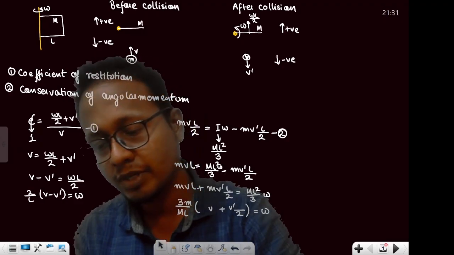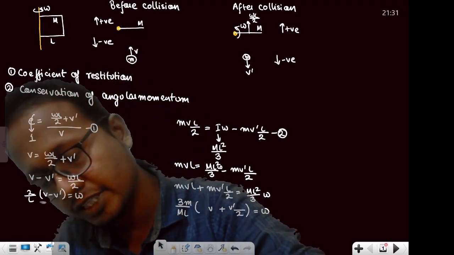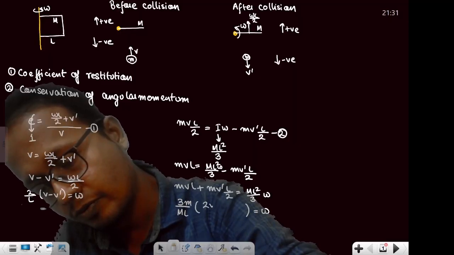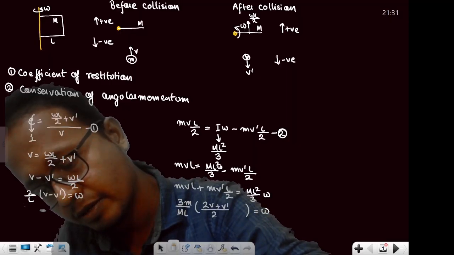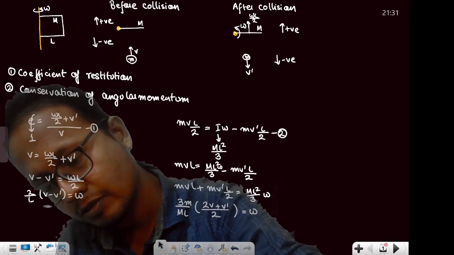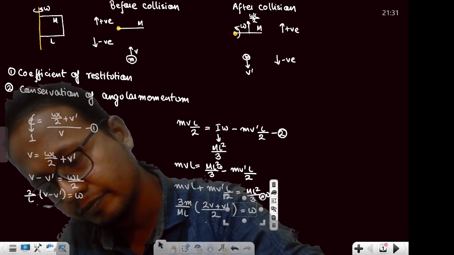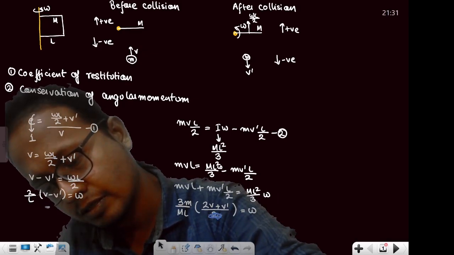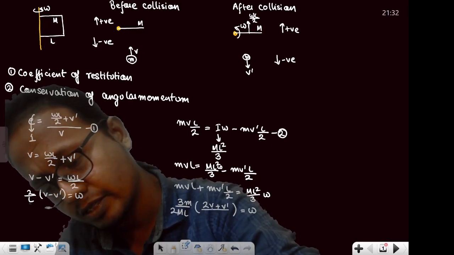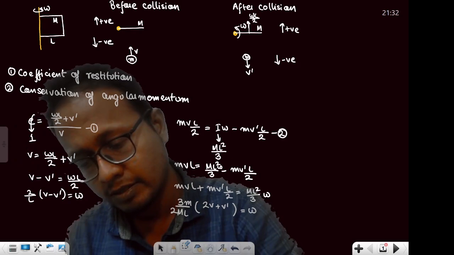V plus v dash by 2 is nothing but 2v plus v dash by 2. So 2v plus v dash divided by 2. And these two would go outward.